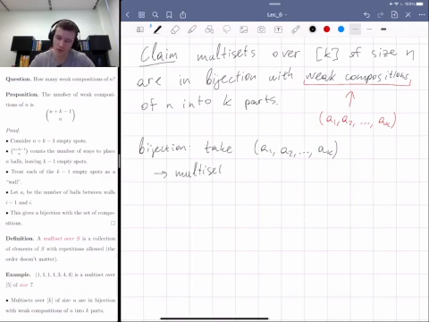It's a multiset over bracket k, which means there are k kinds of goods you're allowed to purchase, like 1, 2, all the way up to k. A multiset containing each i in bracket k exactly ai times.